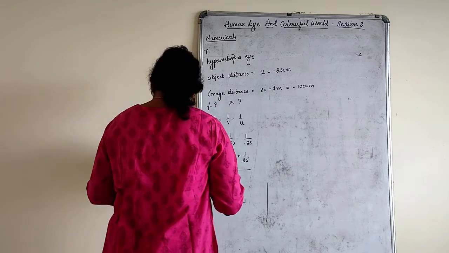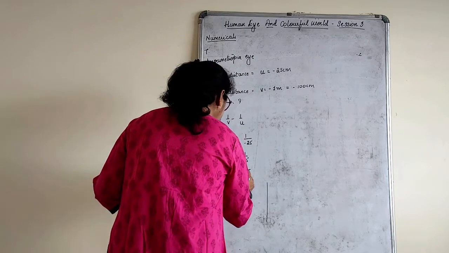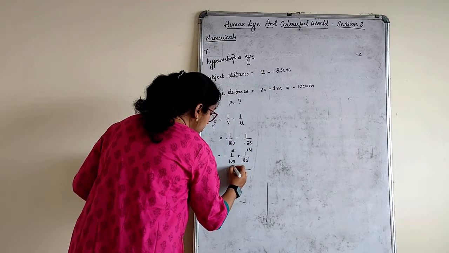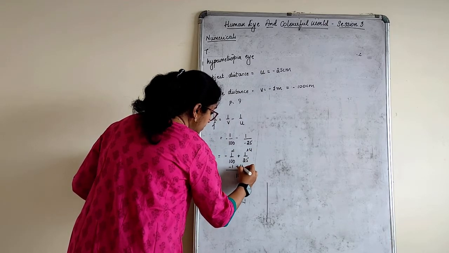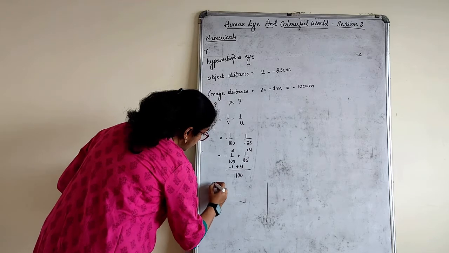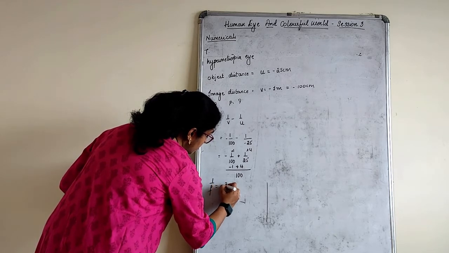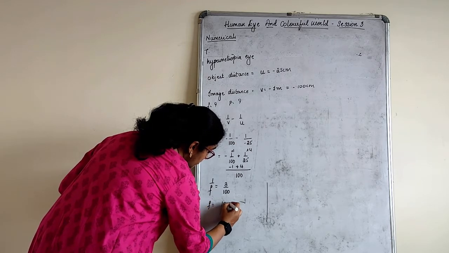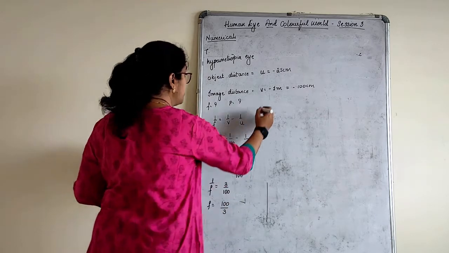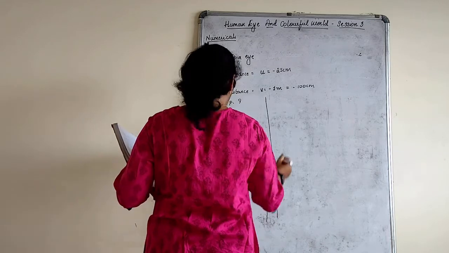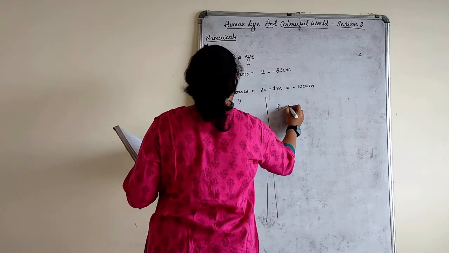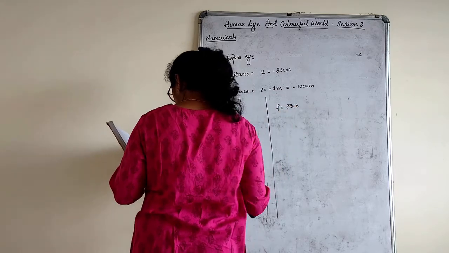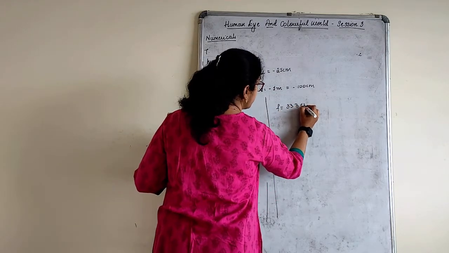The LCM of 25 and 100 is 100, giving minus 1 plus 4. So 1 by f is equal to 3 by 100, and f is equal to 100 by 3. So focal length is 33.3 centimeter.